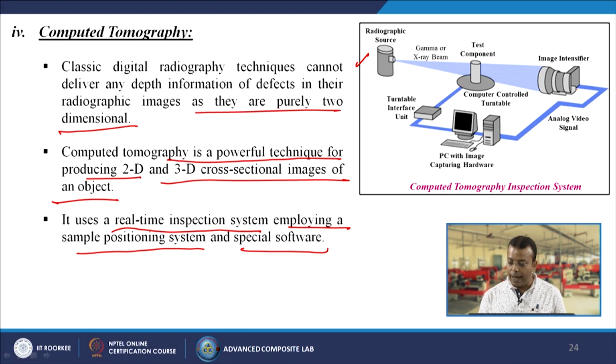Now, analog and video signals come directly to the computer, and here we have one turntable interface unit also. In that case the sample rotates into different angles or directions, and through that we get real time inspections or 2D or 3D images directly into the computer itself.